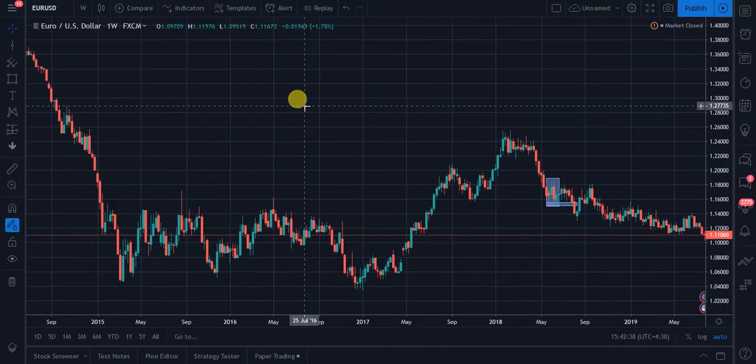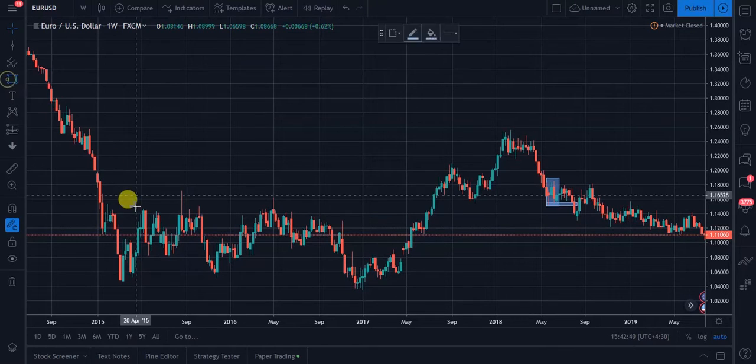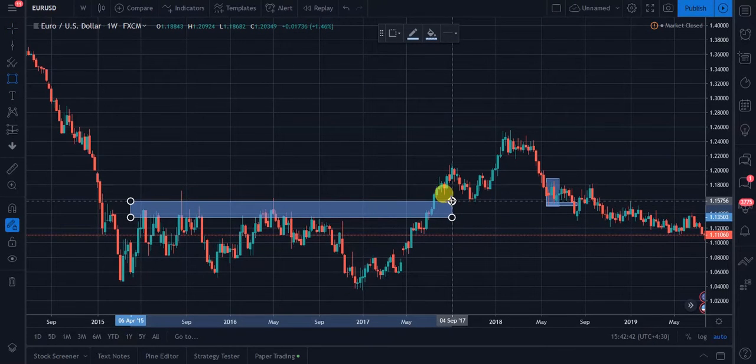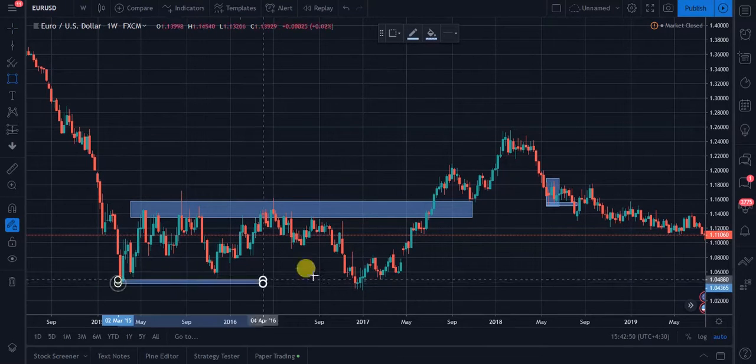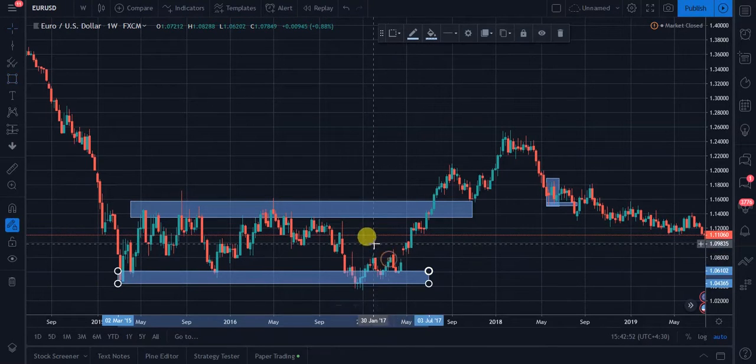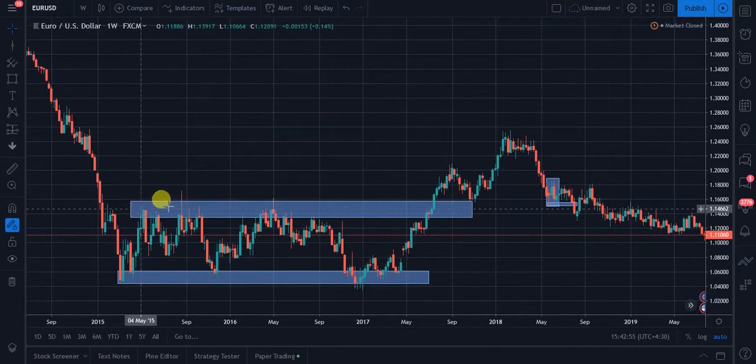For example, this is our support zone. I'm sorry guys, highs are resistance zones, and lows are support zones.